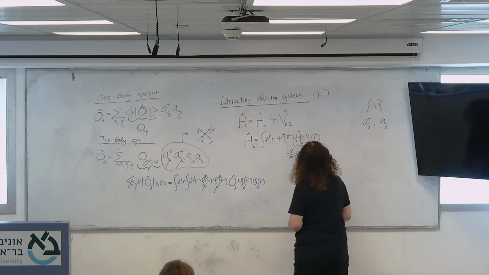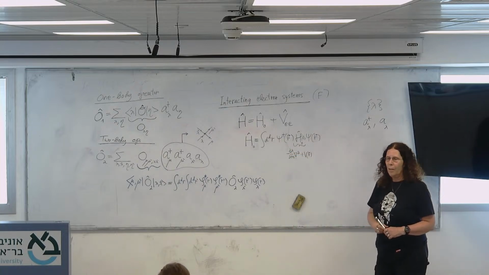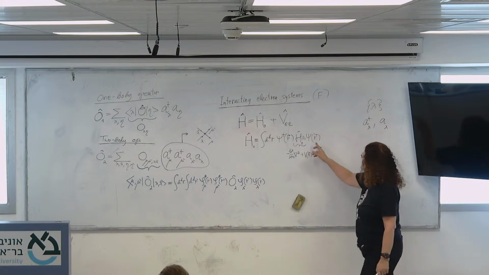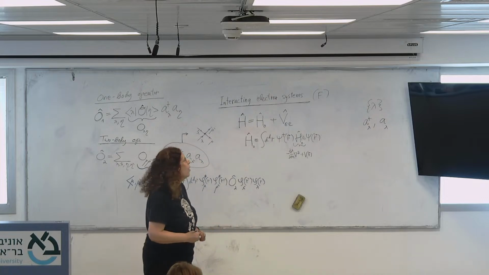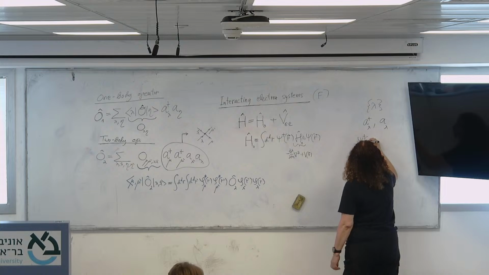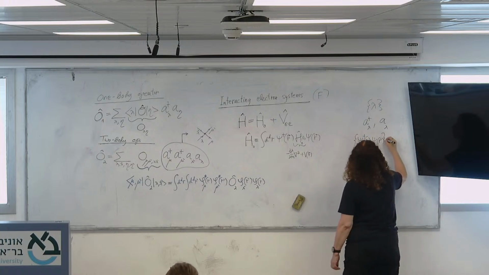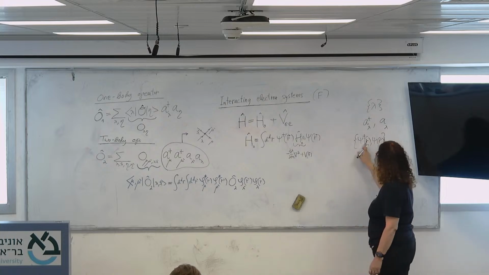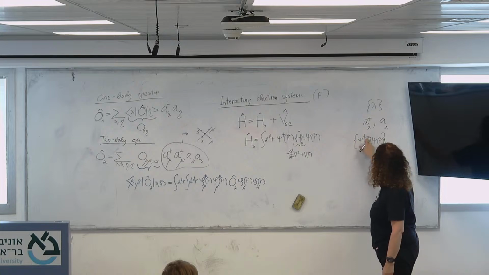And psi and psi dagger are the field operators of creation and annihilation in real space, which I remind you are some generalization of the a and a dagger to the case where the index is a continuous variable, and they have units.